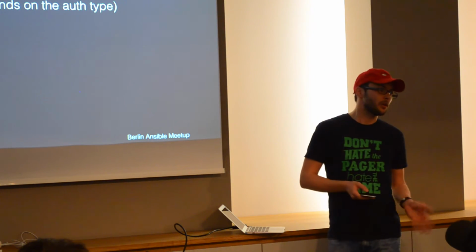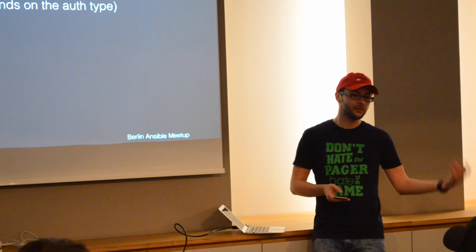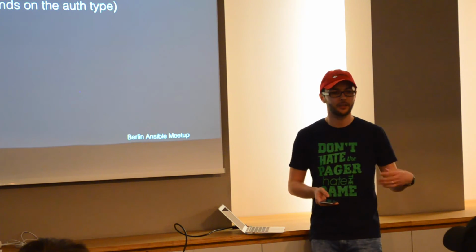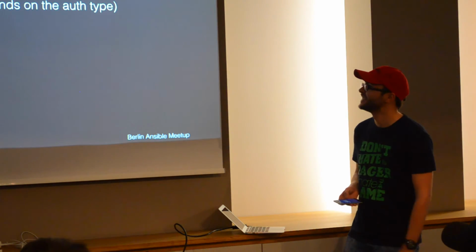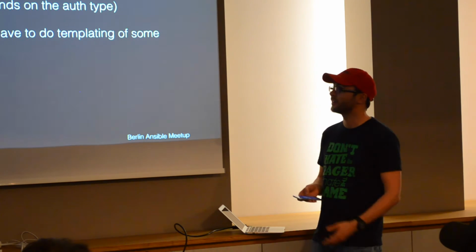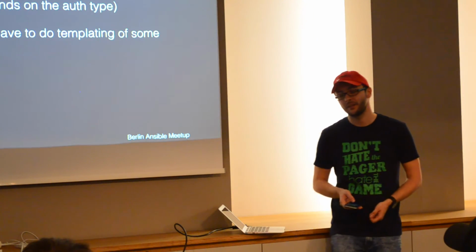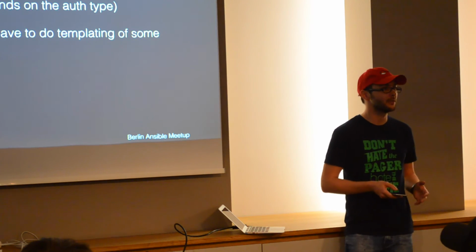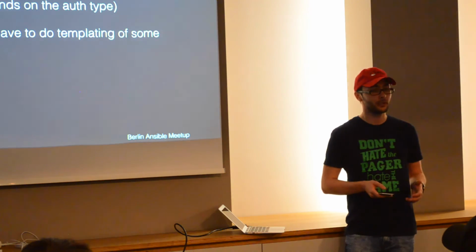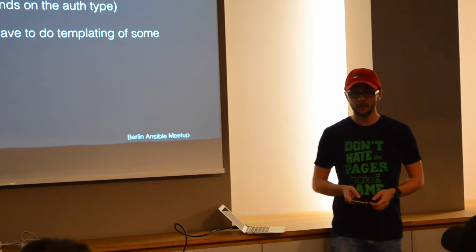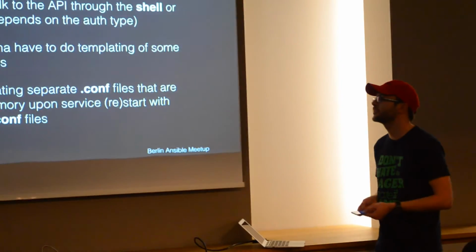And if you really want to go crazy, then you can use Ansible to template some file that has curl calls in it and do really crazy stuff. You're still going to have to do some configuration file templating, because some aspects of Icinga are not configurable through the API. That's why we still have to use the old school way of configuring files.